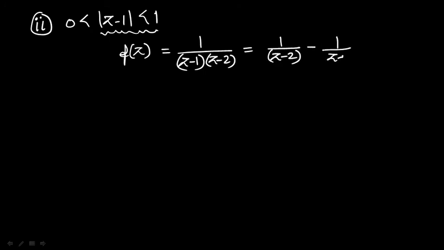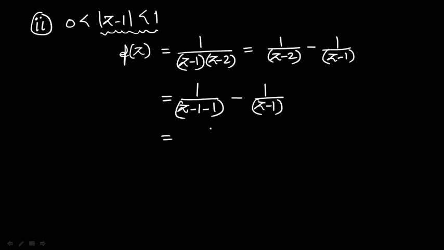Therefore, we consider f of z, value 1 upon (z minus 1)(z minus 2), equal to 1 upon z minus 2 minus 1 upon z minus 1. Now here the second term is already in terms of z minus 1. Therefore, we keep this value as it is and there is adjustment only in the first term. That means here z minus 2 is z minus 1 minus 1, minus 1 upon z minus 1.